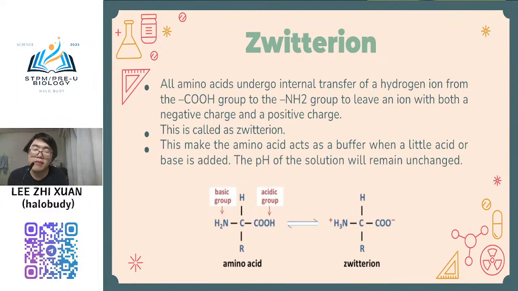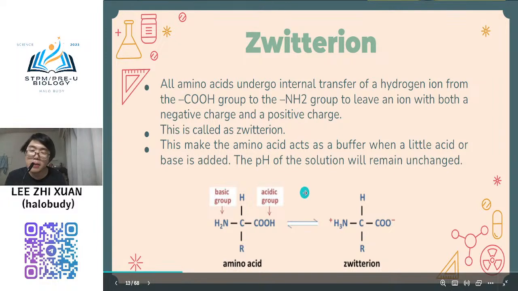If you still remember, an acid releases protons, releases hydrogen ions. And a base accepts protons, it can accept hydrogen ions. This is the basic chemistry theory for acids and bases.